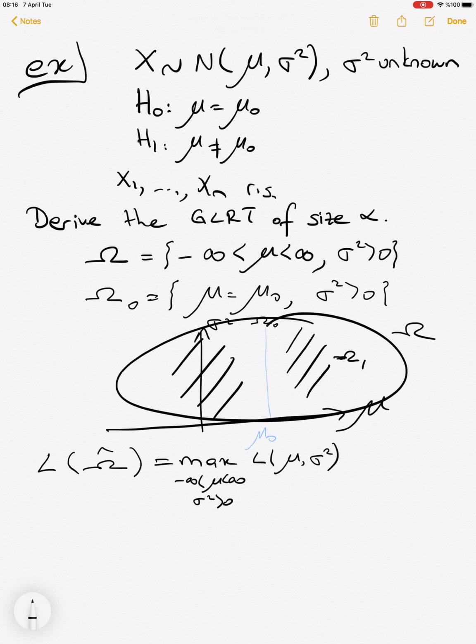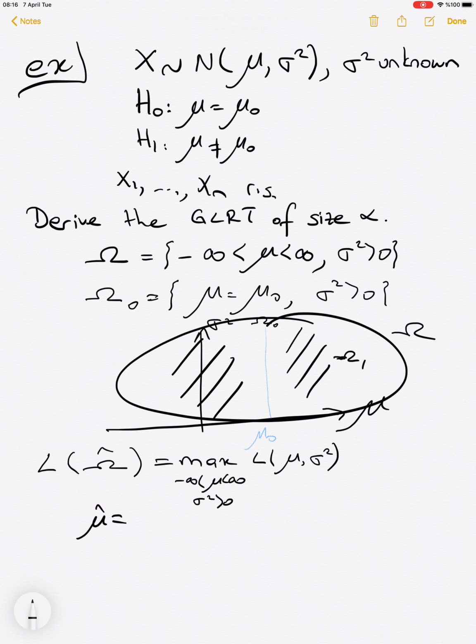For the normal, we know the MLE of mu and sigma square, since our parameter space covers the whole range, so we don't have to think about another region. You will see in the exponential example you have to consider other regions, if you have a one-sided hypothesis.